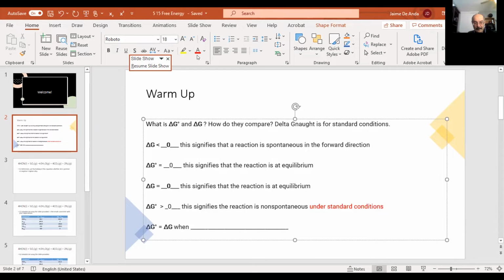Remember that as the ratios of products and reactants change in a reaction, we had that Nernst equation. We'll study some equations where you'll see the different values of delta G as the ratios of products and reactants change with respect to what the standard conditions would be. So that's another little qualifier. Okay, so when is delta G naught equal to delta G?